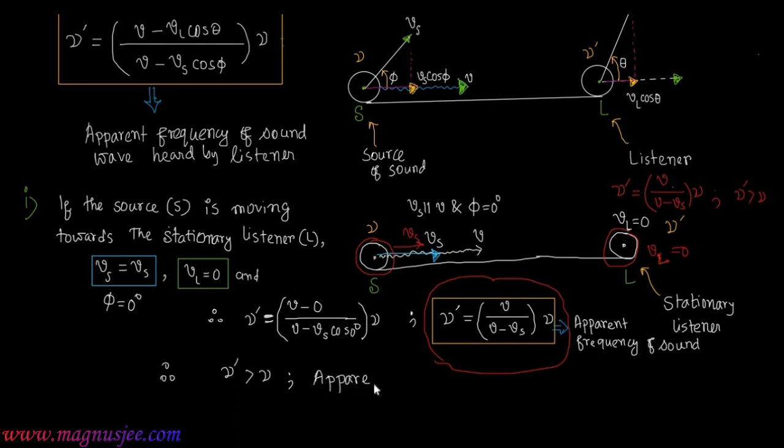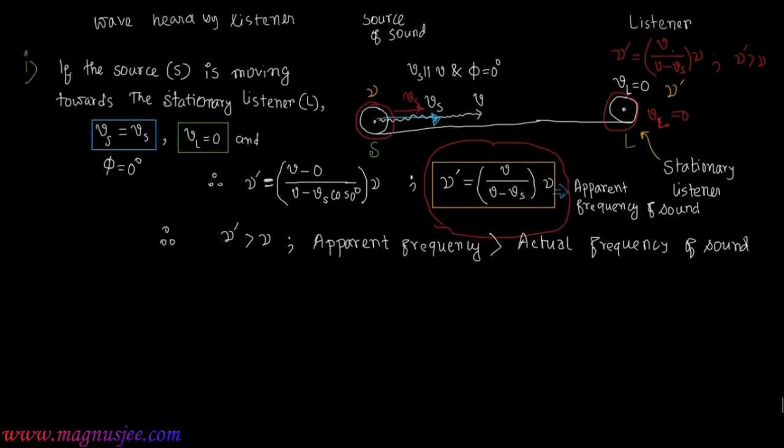That means the apparent frequency of the sound wave heard by the listener will be greater than the actual frequency of the sound wave produced by the source of sound. Apparent frequency is greater than actual frequency of sound.